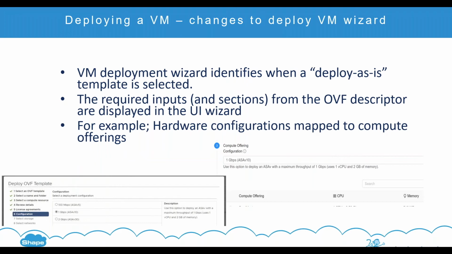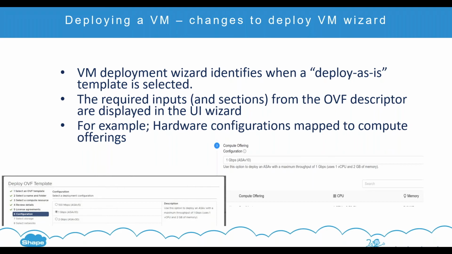The new VM deployment wizard first of all identifies when a deploy as is template has been selected. It then can read the different sections and the required inputs and defaults from each of those sections from the OVF descriptor, and it will display those as part of the UI wizard.